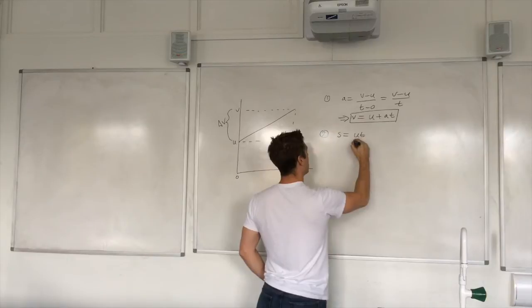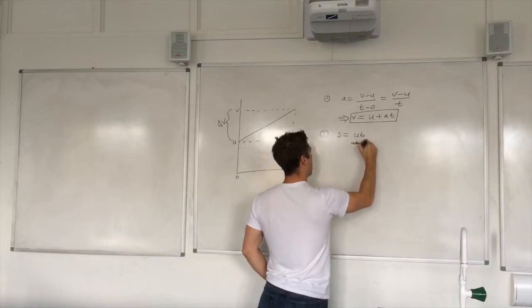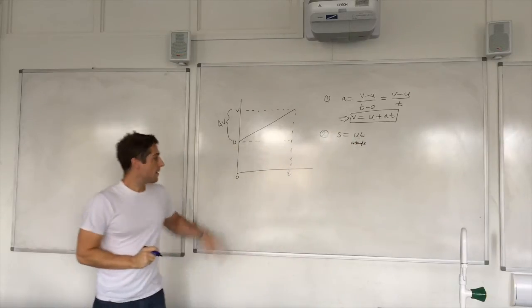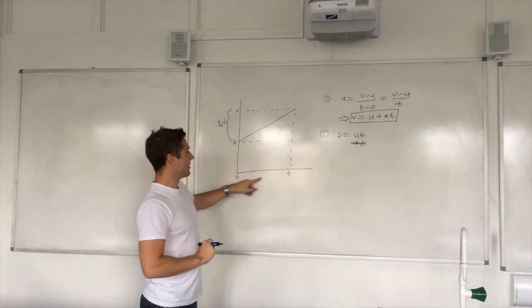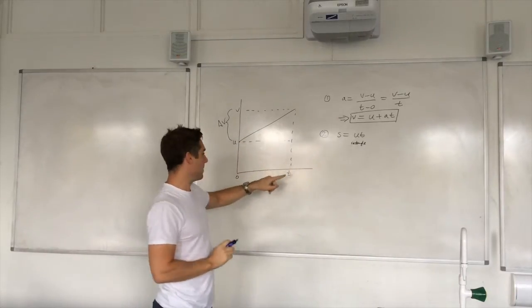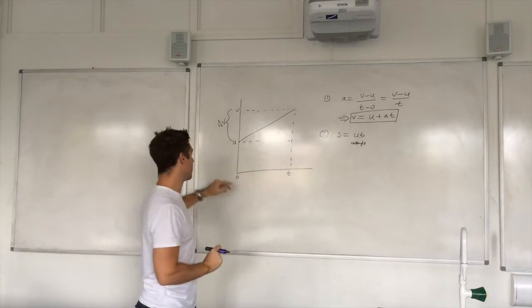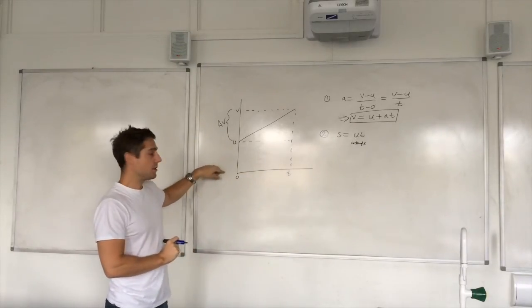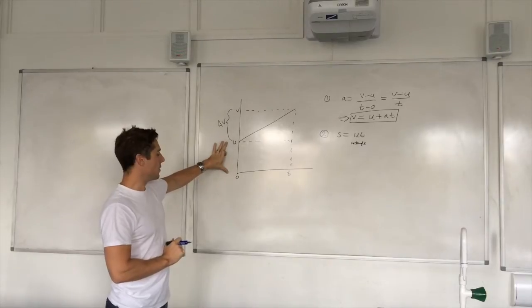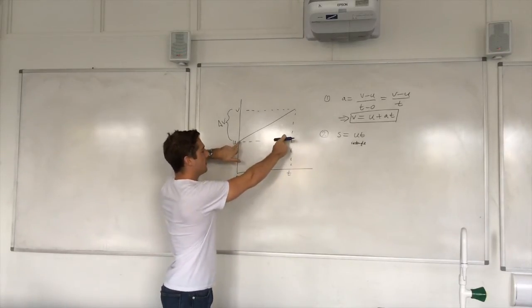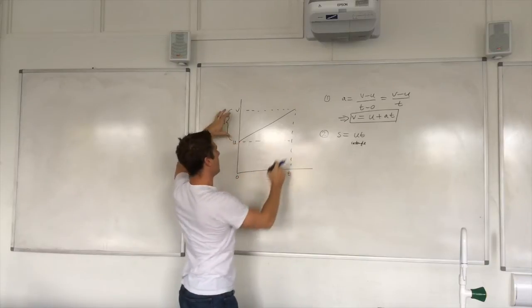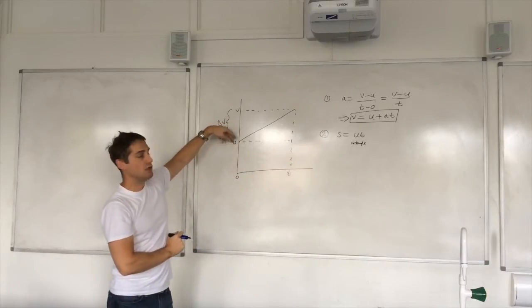This is the rectangle, plus this triangle. Well, this is T, because T minus 0 is equal to T, and U minus 0 is U. That's why I've done that. Going back here, it's T times V minus U over 2.